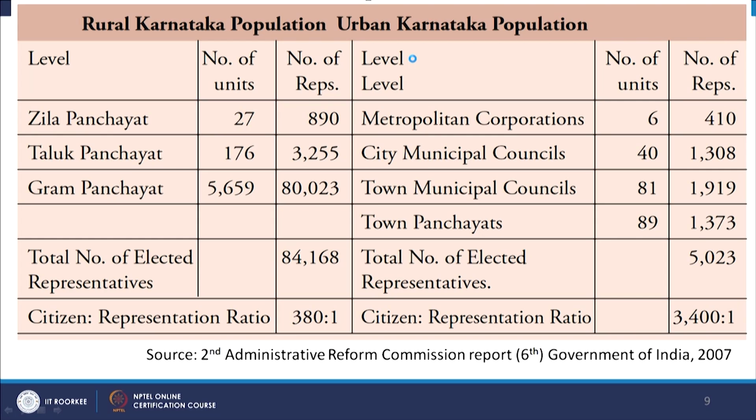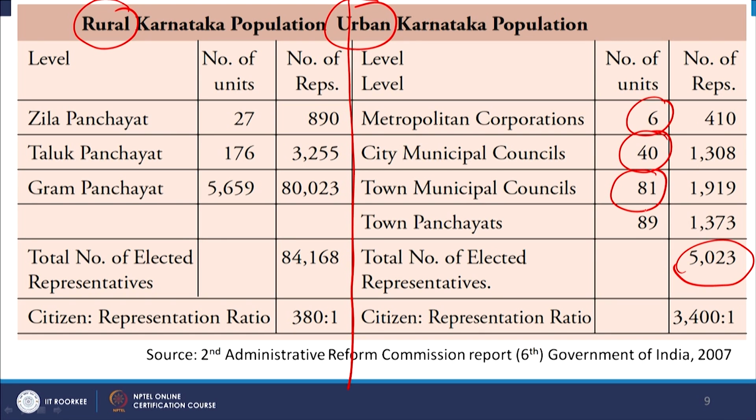Now, let us take an example of how the representation of urban local bodies looks. We have taken a symbolic representation from the state of Karnataka. This part is the rural representation, and the right part is the urban representation. In the urban representation, the total number of representatives is about 5,000, with 6 corporations, 40 municipal councils, and about 200 town councils, that is Nagar Panchayats and town panchayats.